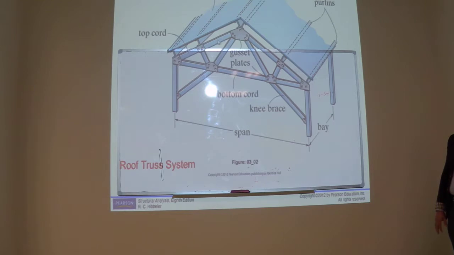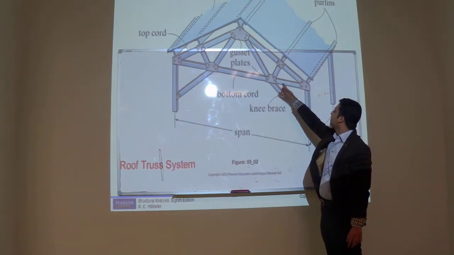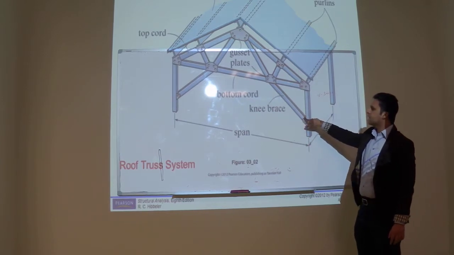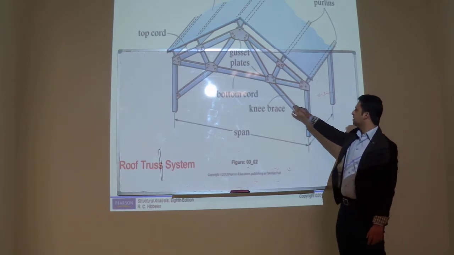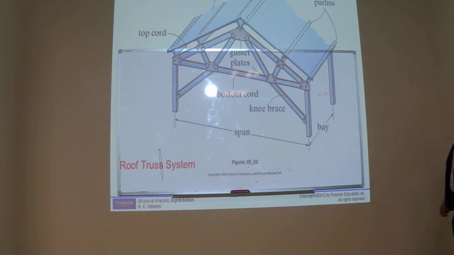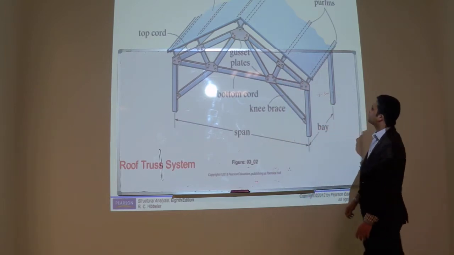This part you can say the top chord, and sometimes we provide supports connecting the bottom chord to the column, and these supports are known as braces. We call this support as knee brace. I think you have seen these structures many times in your real life, and we call these members purlin.